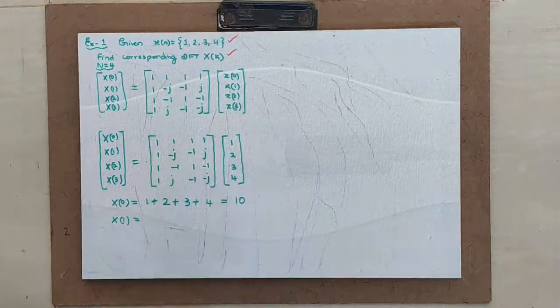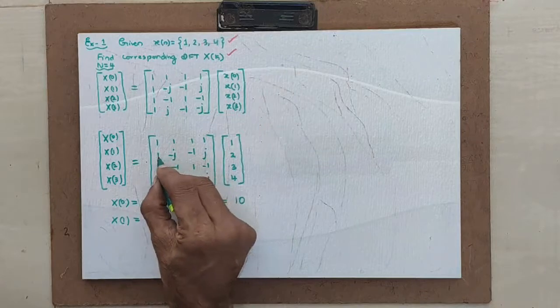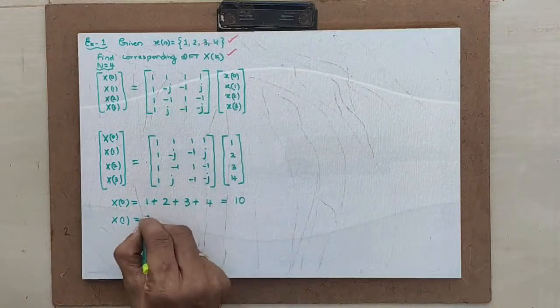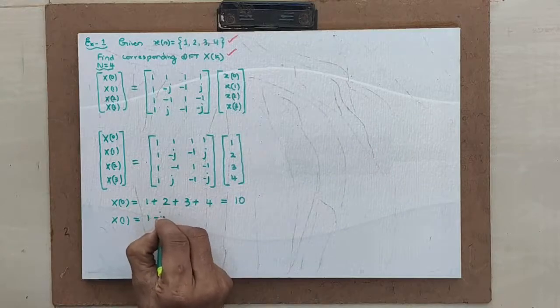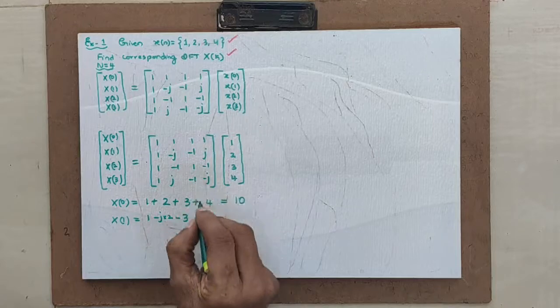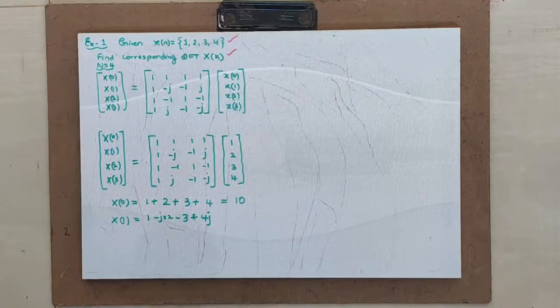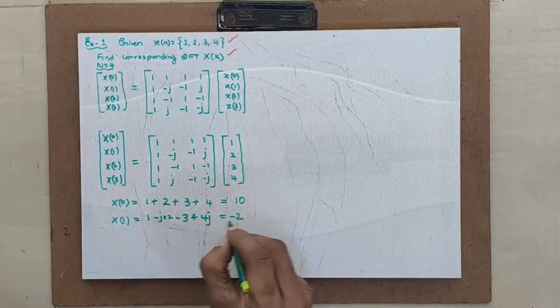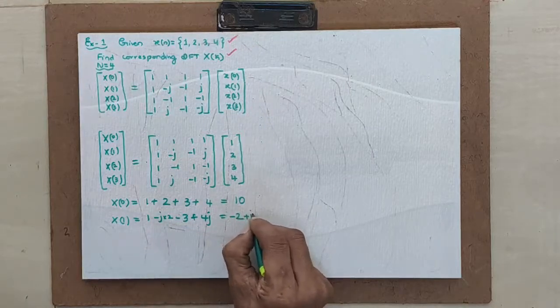Now X1. How to find X1? Second row, this column. 1 into 1, minus j into 2, minus 3, plus 4j. That means your answer becomes minus 2 plus j2.